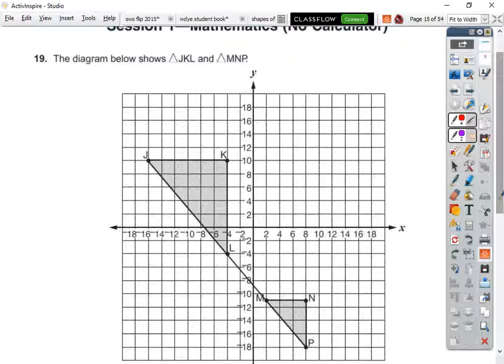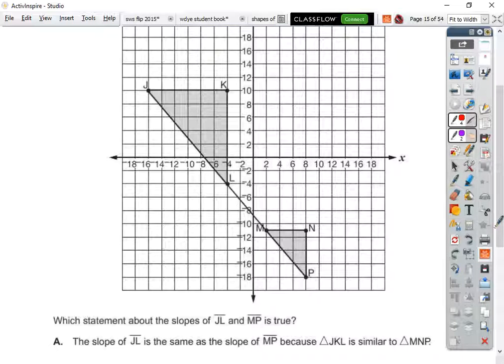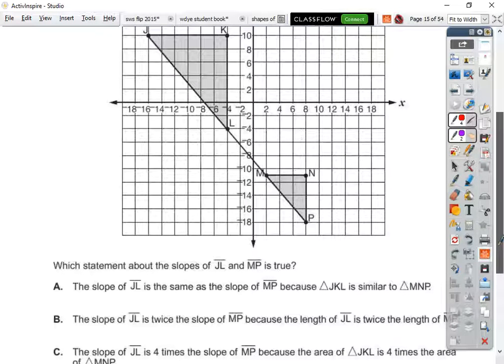The diagram shows triangle JKL and triangle MNP. Which statement is true about the slope of JL and MP? Well, it's the same line, folks, so the slope should be the same.